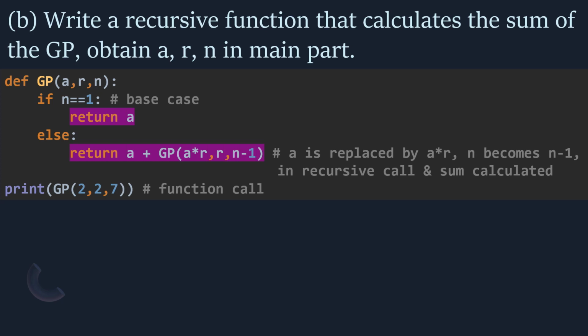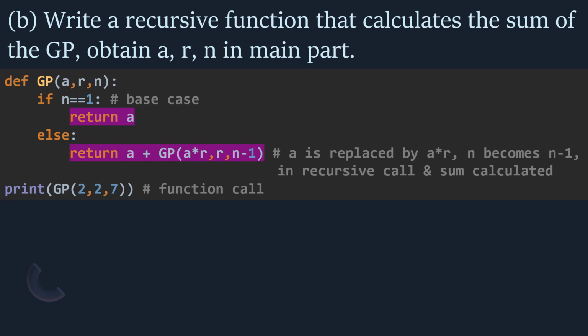Otherwise, if N is more than 1, then it has to return A plus the recursive call of GP with the values A into R, then R and N minus 1. Here also A is replaced by A into R as we did in the previous program. Then N becomes N minus 1 in this recursive call.